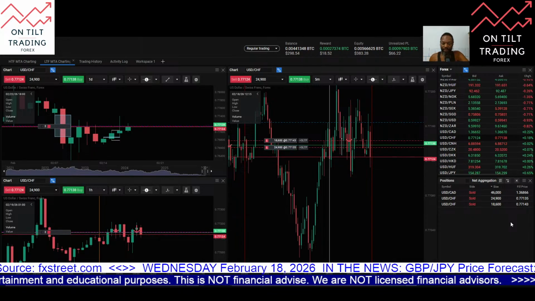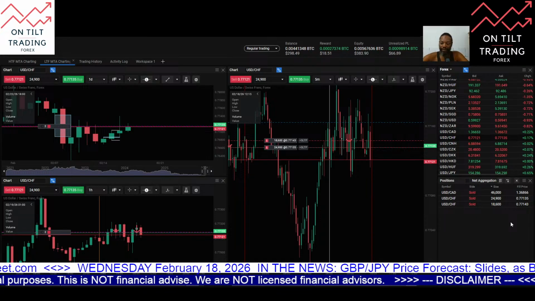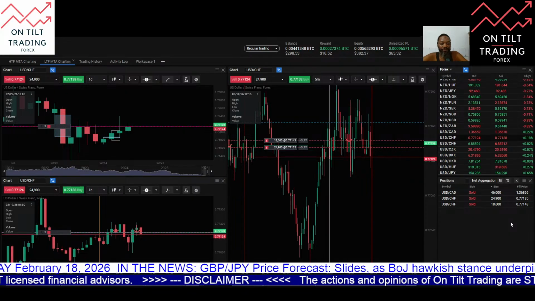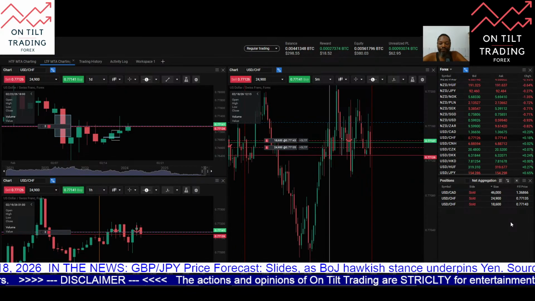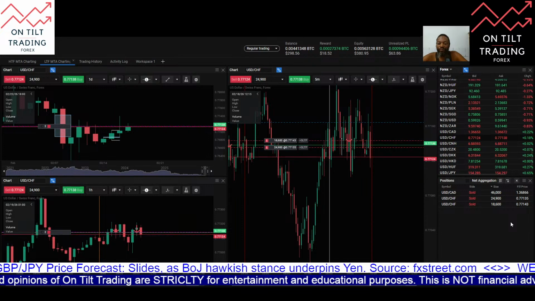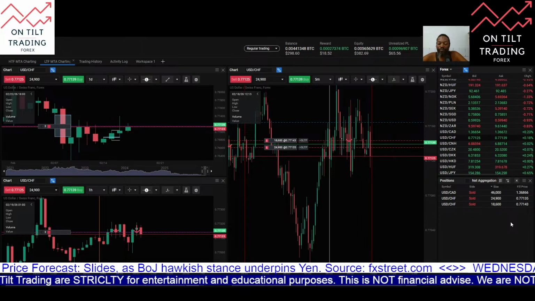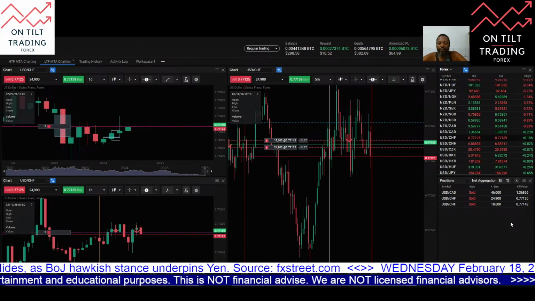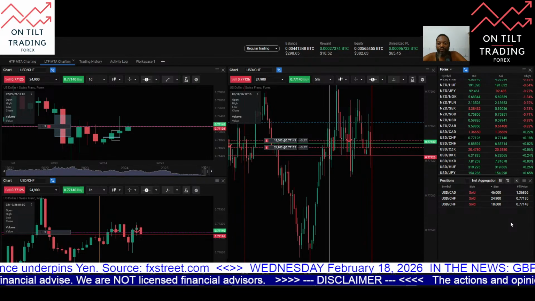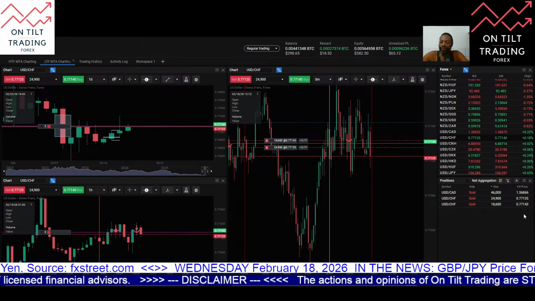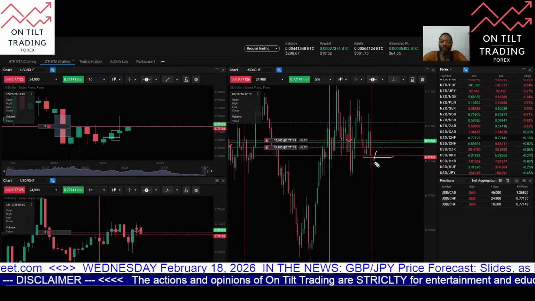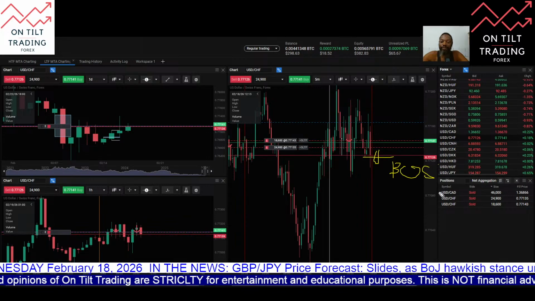Less than 1 minute remaining in the current 5-minute candle and current 1 hour candle. So looking for price to close below this level here with a body candle close, which would be a break of structure here to the sell side.